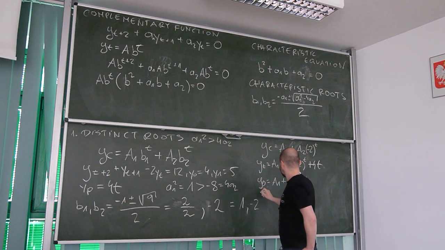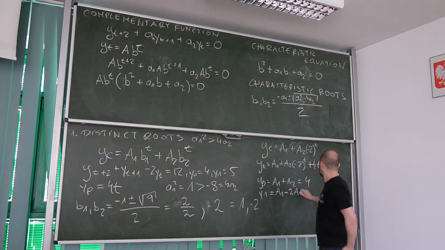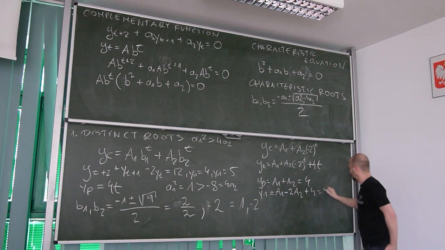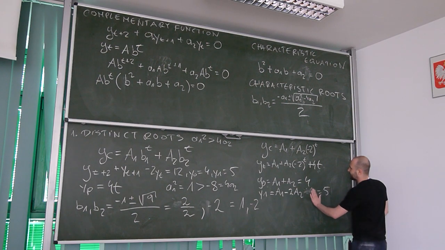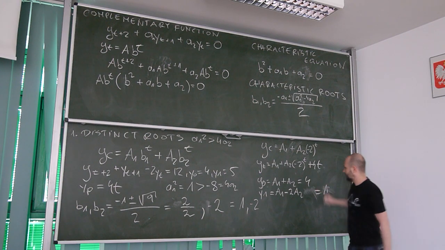Then we've got that y1, we've got again a1 minus 2a2 plus 4, but is equal to 5, right? So if we move 4 to the other hand side of the equation, it will be equal to 1.